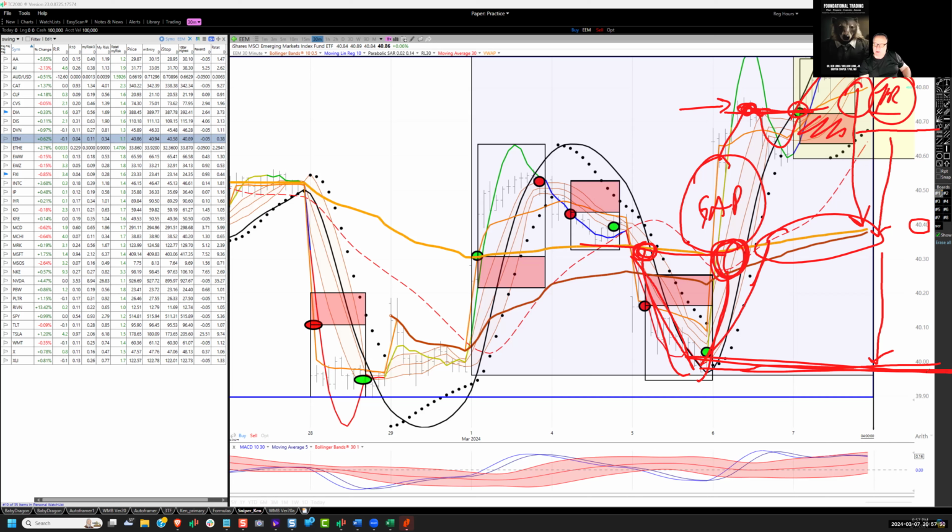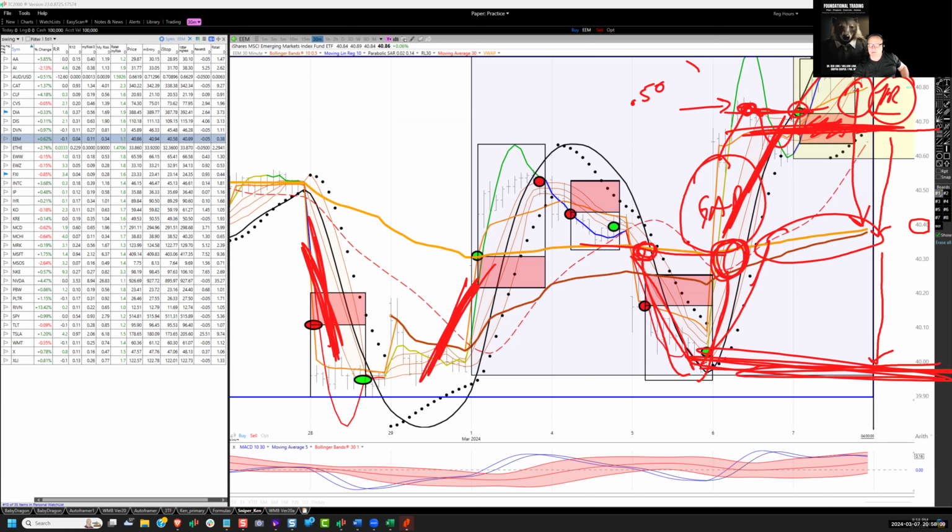So that's how much power they have as traders. That's also approximately the size of this move and the size of that move to recover, and it's also approximately the size of this move. So about 50 cents is how much power they have to move it during the day, for defining our expectations.